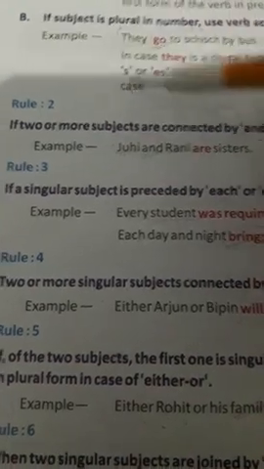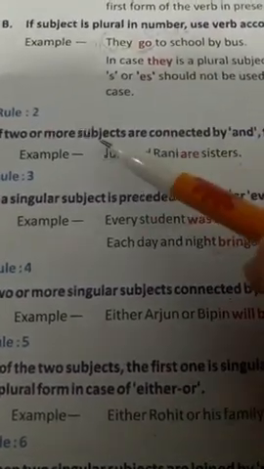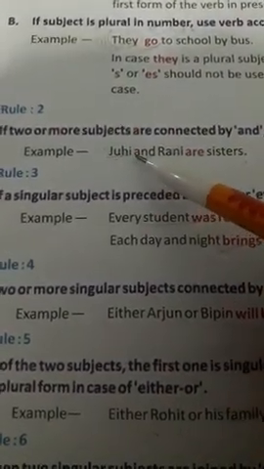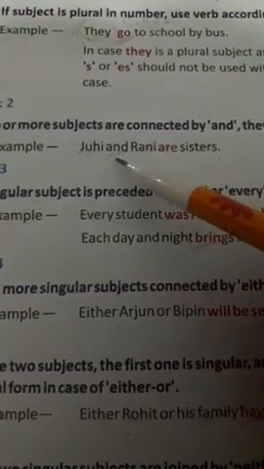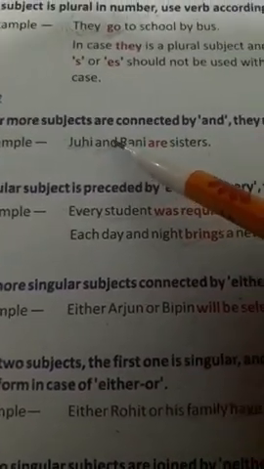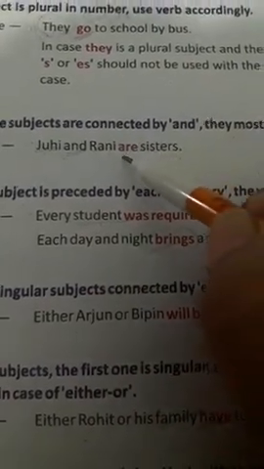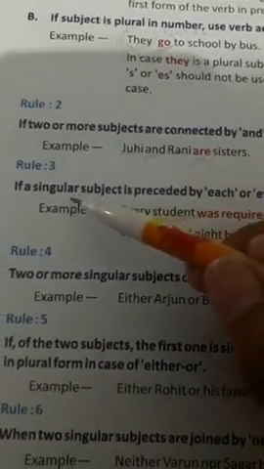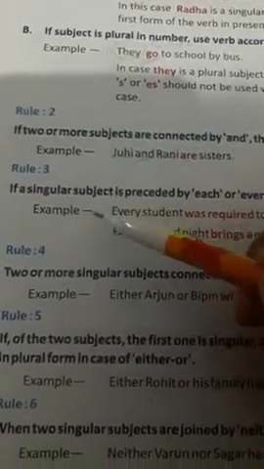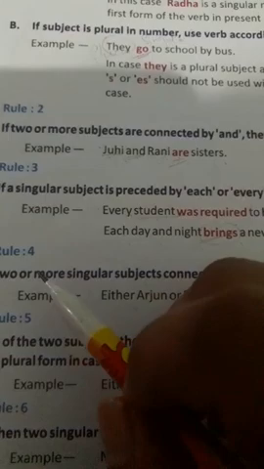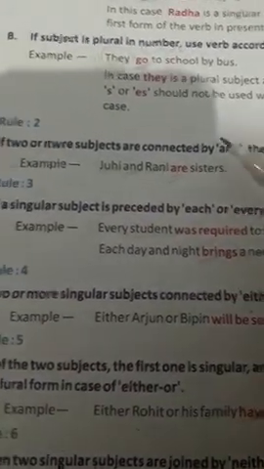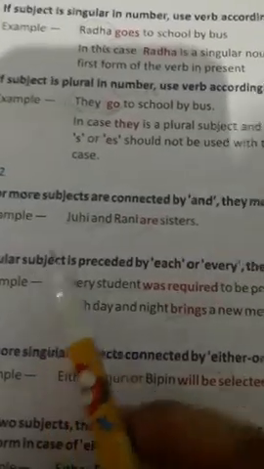Rule number 2: if two or more subjects are there and they are connected by using and, then you have to take the plural verb.